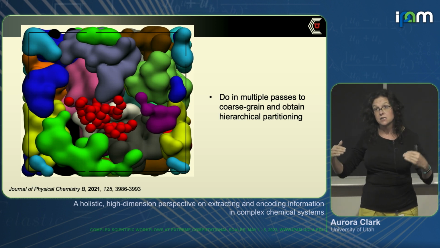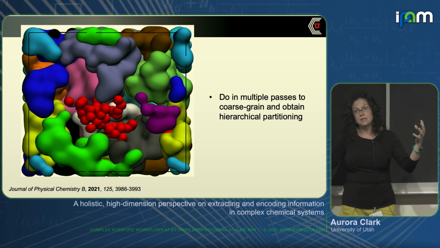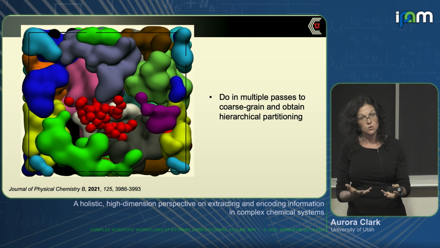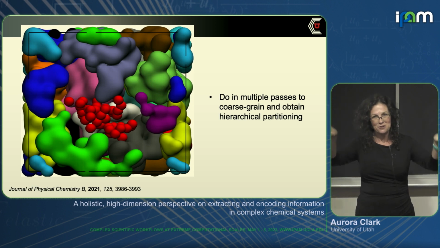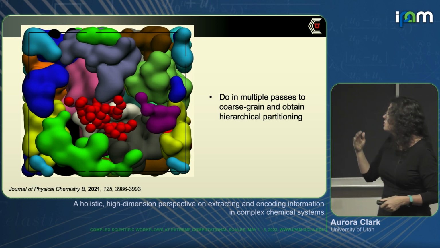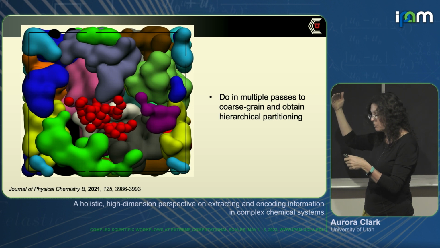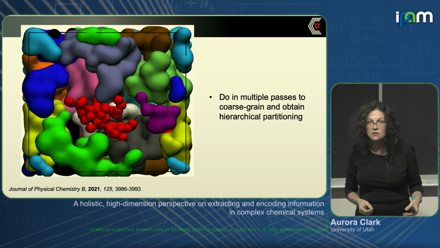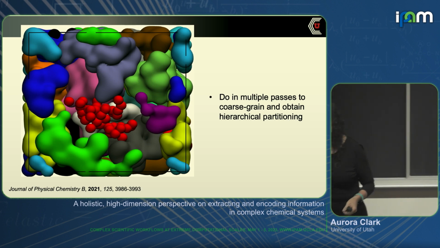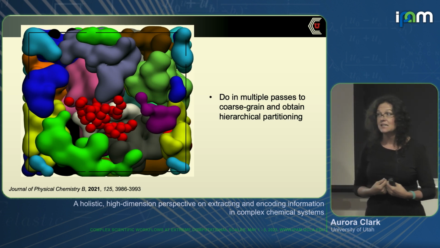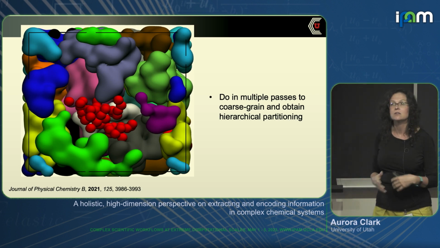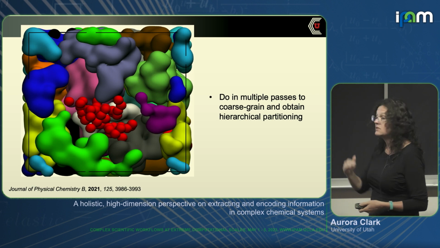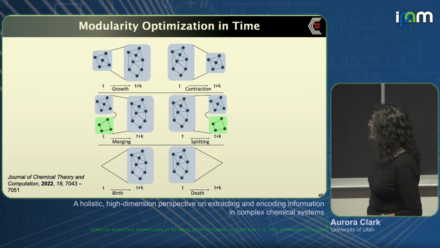In the first pass of a graph, you identify communities that have strong interconnectivity, then you coarse grain them into individual nodes, and then you can do it again and look at how the nodes are connected, and then again. So you can go through this hierarchical process with modularity optimization to go from a molecular micellar structure to then look at micelle-micelle interactions. And if you wanted to see, for example, how percolated the network was, you could keep on doing this coarse graining to understand those internal connectivities up to different length scales.